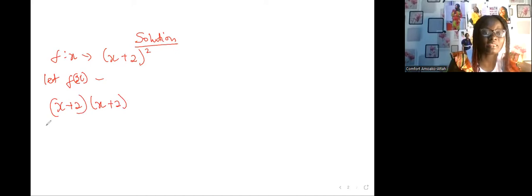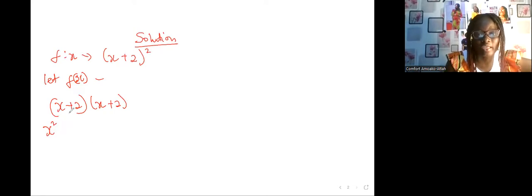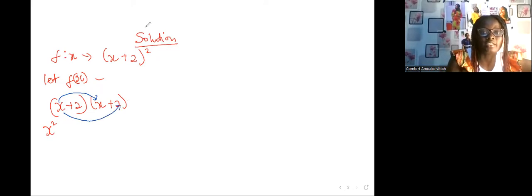So how do we expand this? Squared means that we are using everything inside this bracket to multiply everything inside the second bracket as well. So x times x, x times 2, then 2 times x, then 2 times 2.